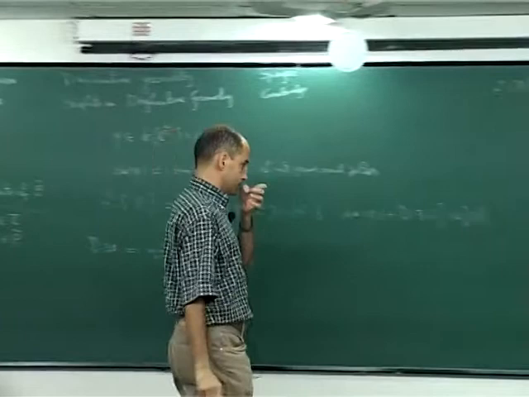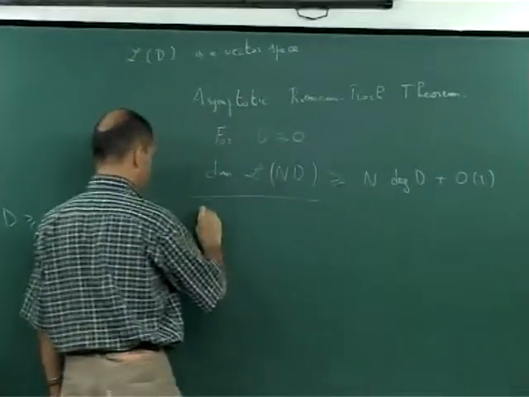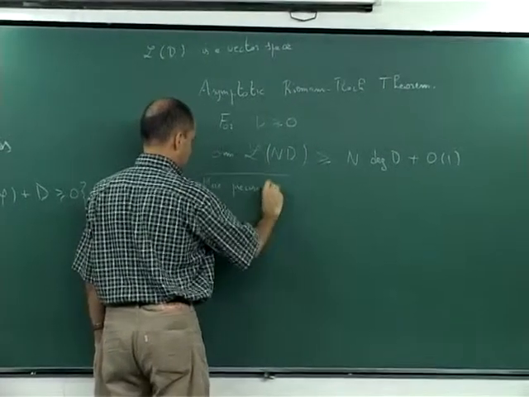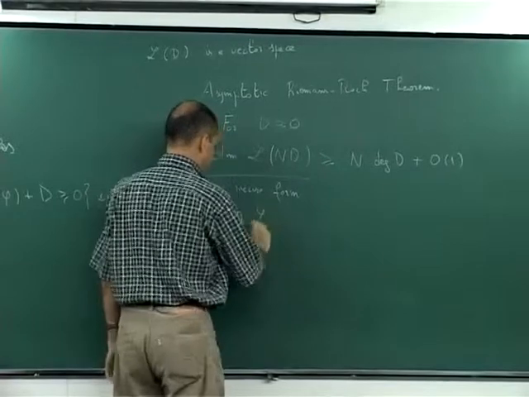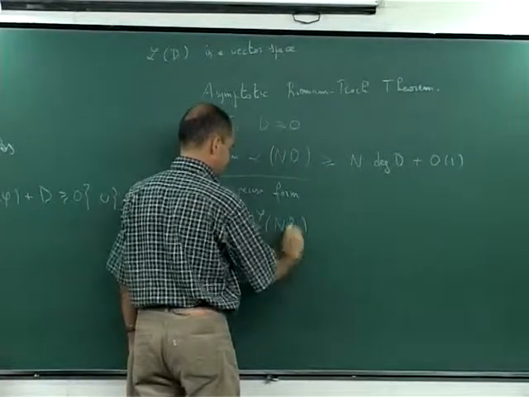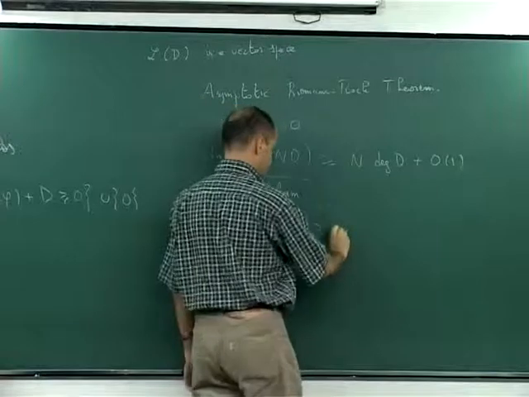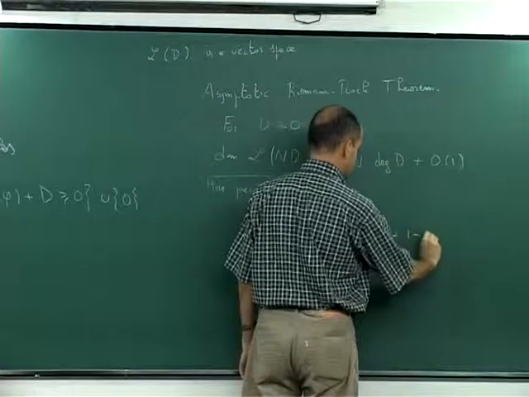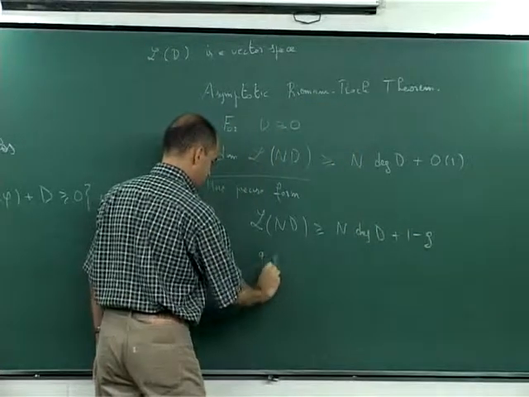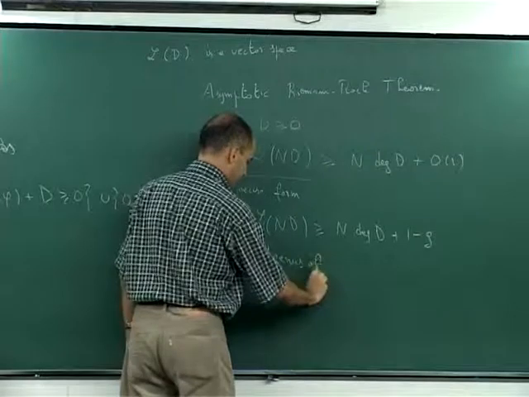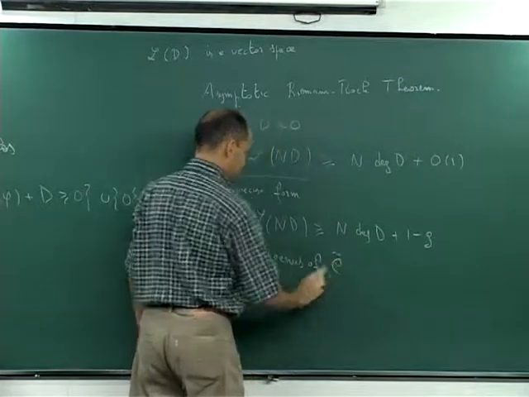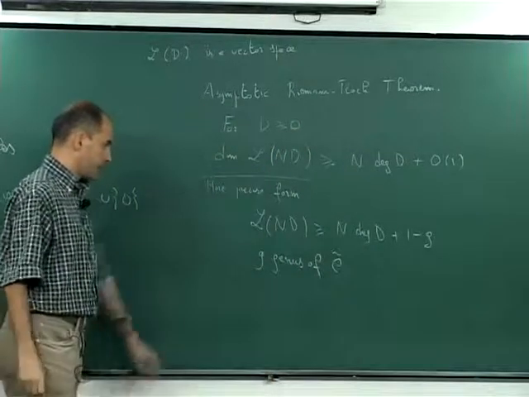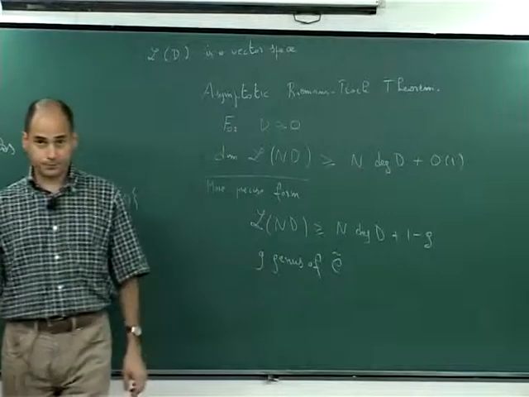And actually, a more precise form: the dimension of L of nD is at least n degree of D plus 1 minus g, where g is the genus of C tilde, and equality holds for large n.